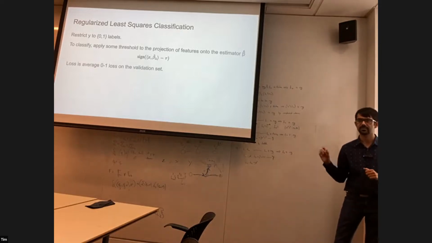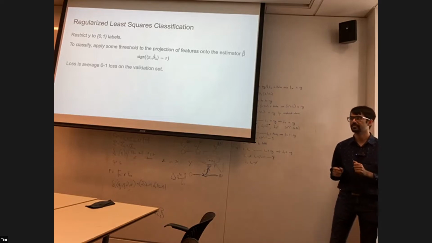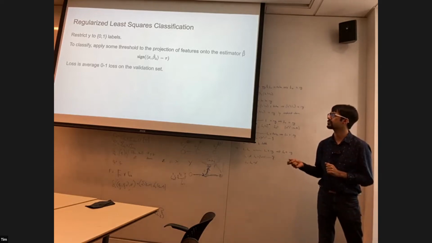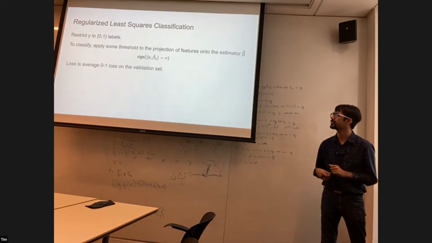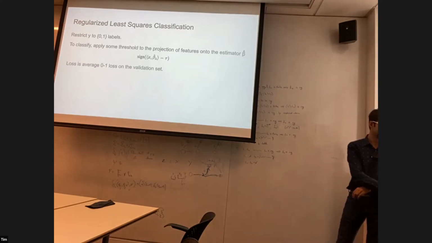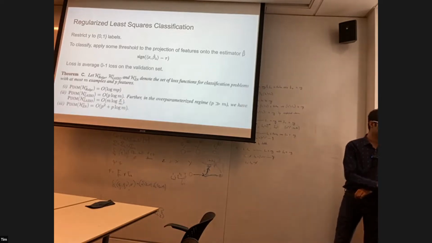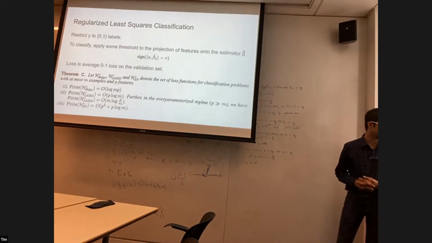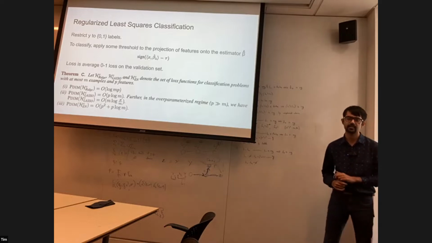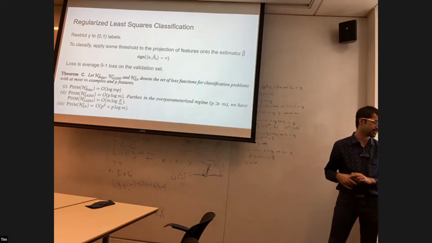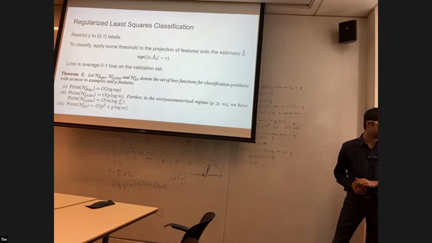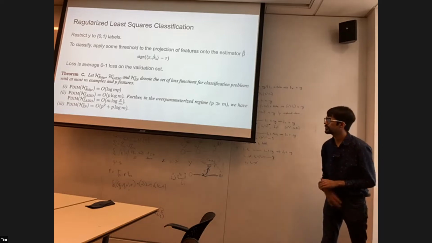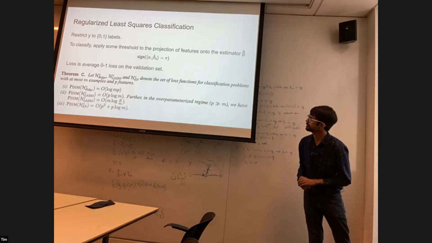The 0-1 loss just means you suffer a loss if your label does not match the true label for that example. For this setting, we study Ridge, which was L2 regularization, lasso, as well as elastic net, and we give bounds on the pseudo dimension, which imply generalization guarantees for these settings.